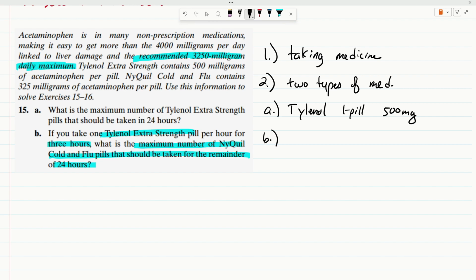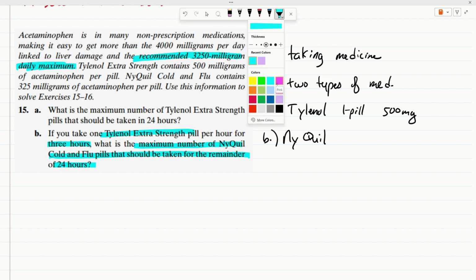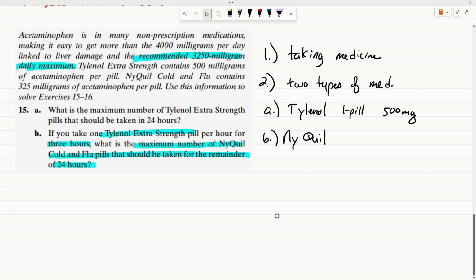But then the second thing we're taking is NyQuil, and I'm going to highlight this in a different color for us. We know NyQuil contains 325 milligrams of the acetaminophen. So NyQuil has 325 milligrams of the medicine.